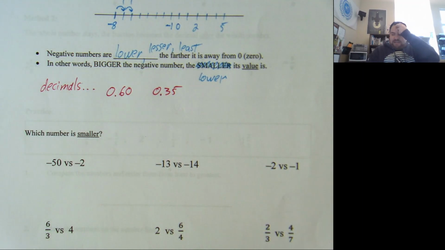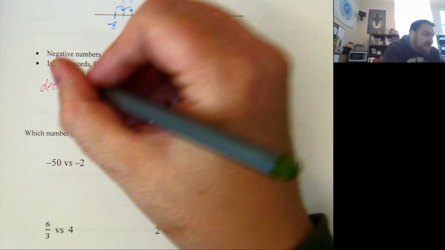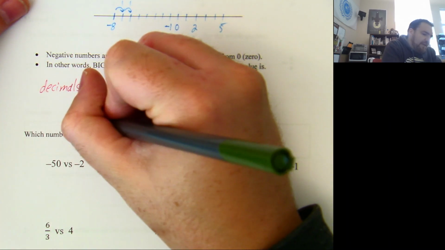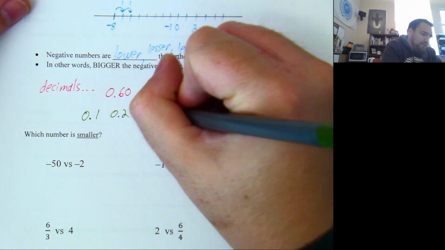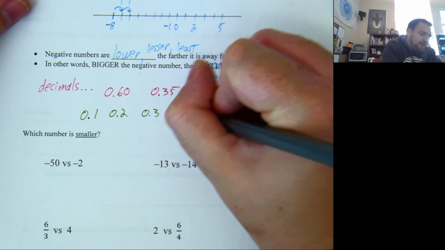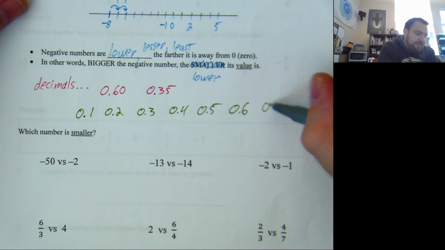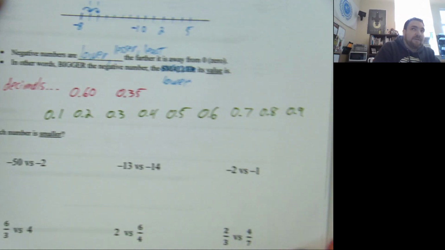The next thing I'm going to write down is a mistake related to this. Sometimes when I hear students count, and I've seen this mistake made in class, like a student made this mistake in front of me. And so don't say, I would never do this. Yeah, people do this. I see students count like this. So they're like, oh yeah, 0.1, 0.2, 0.3, 0.4, 0.5, 0.6, maybe you can see where I'm going, 0.7, 0.8, 0.9.